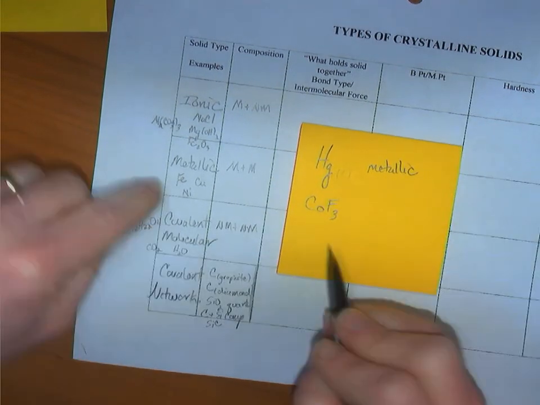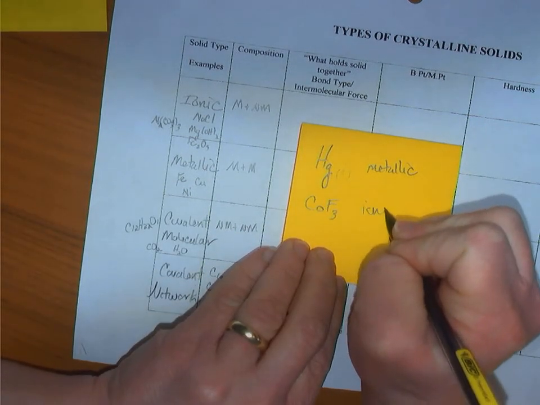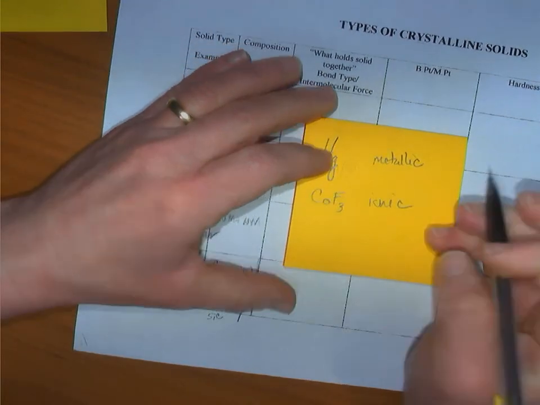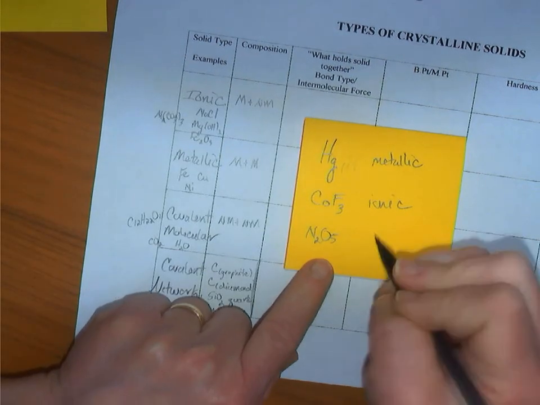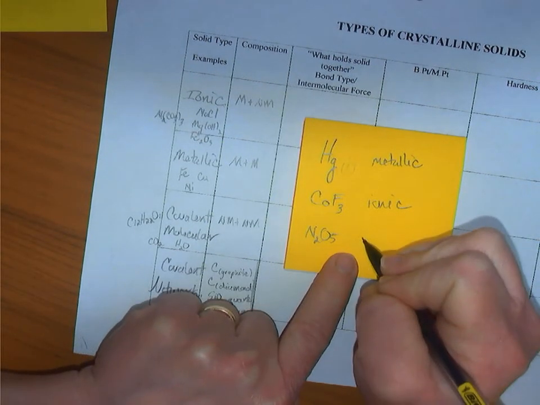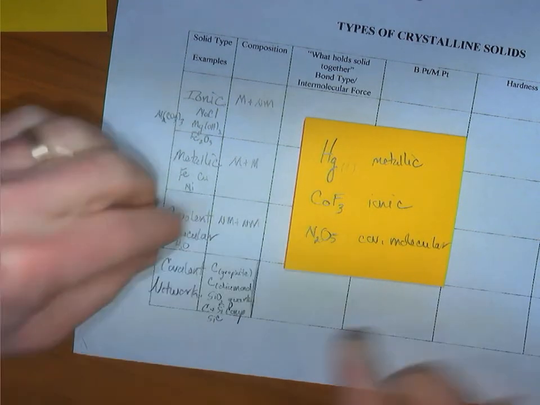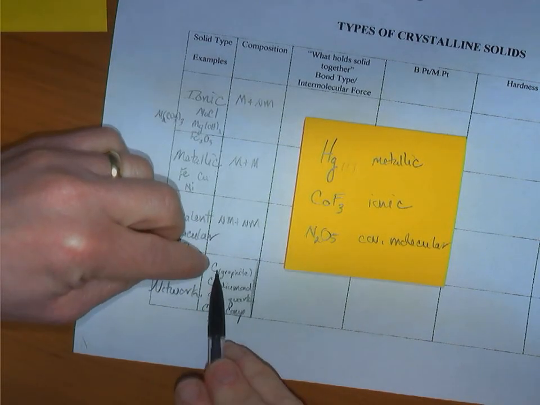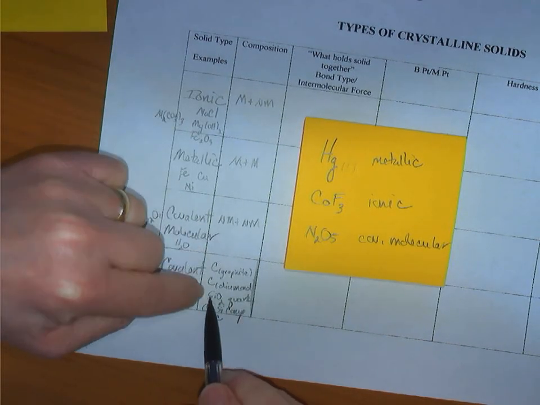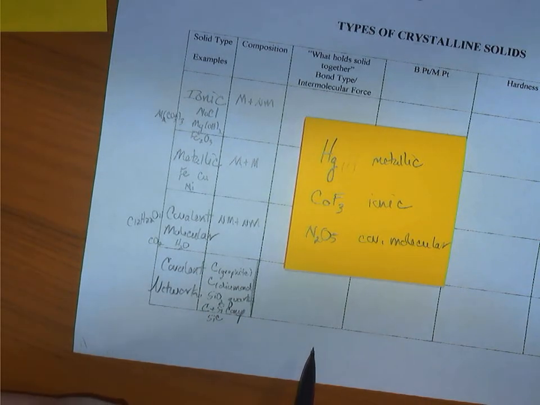And then cobalt-3 fluoride, well, metal, nonmetal, okay, that's going to be ionic. Let's say N2O5 in the solid state, okay, just nonmetals, that's going to be covalent molecular because it's not one of these special types. So if you were given carbon in the form of graphite or diamond, silicon dioxide, or any carbon-silicon compounds, covalent network would be it.